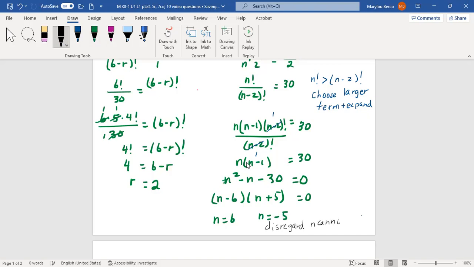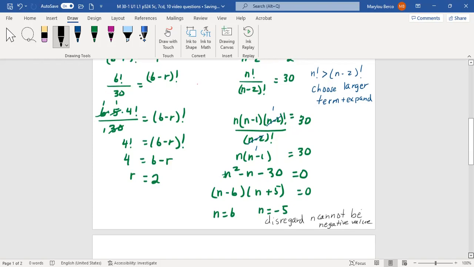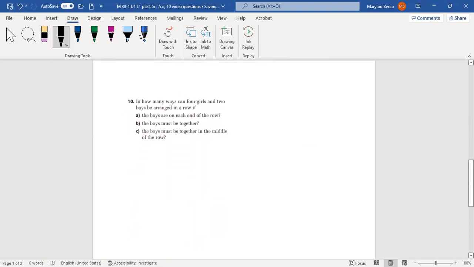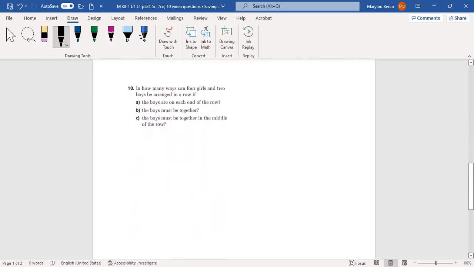We can't have a negative number in our permutation. n cannot be a negative value. Okay. So that is number 5 and 7.